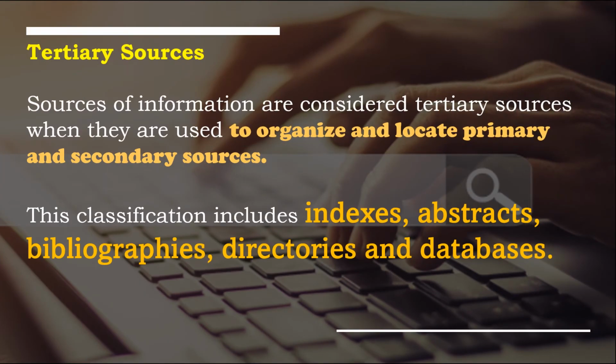Tertiary sources. Sources of information are considered tertiary sources when they are used to organize and locate primary and secondary sources. This classification includes indexes, abstracts, bibliographies, directories, and databases. So what is the most important words here? Ito yon, to organize and locate. So tertiary sources sila kapag daw sila ginagamit mo lang para hanapin kung nasa saan ang mga primary and secondary sources.